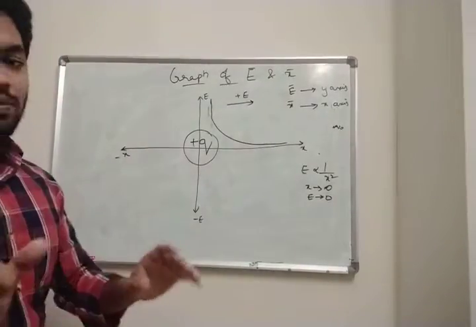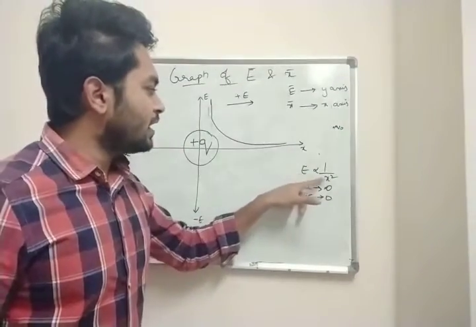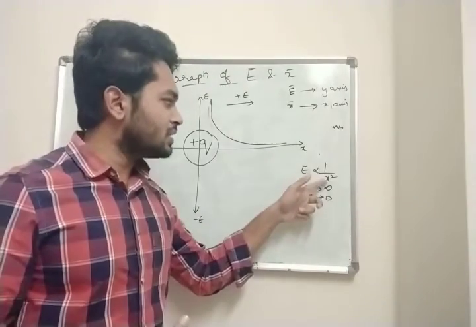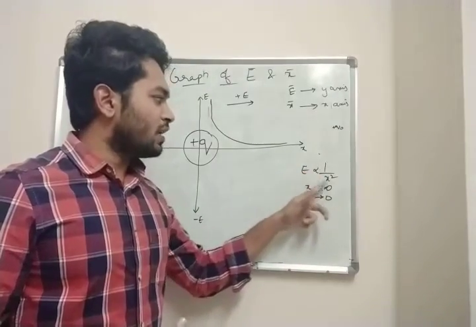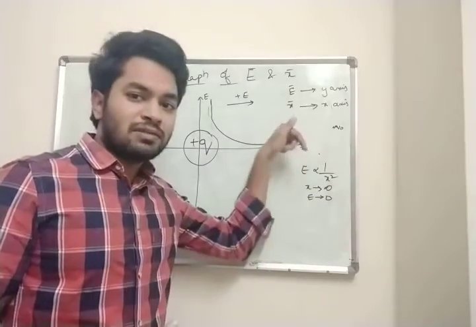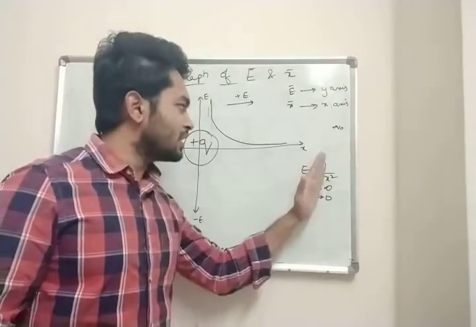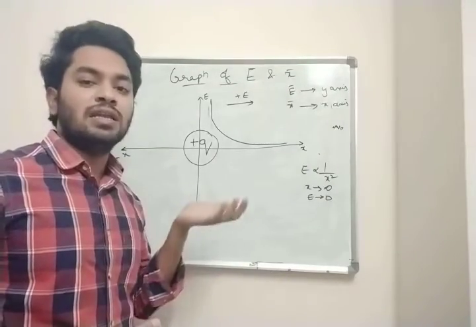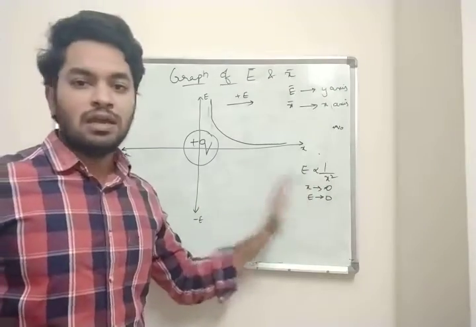So what is the simple logic? Electric field is inversely proportional to 1 by x square. Inversely means if distance increases, electric field decreases. If distance decreases, electric field increases. That is what inversely proportional means.